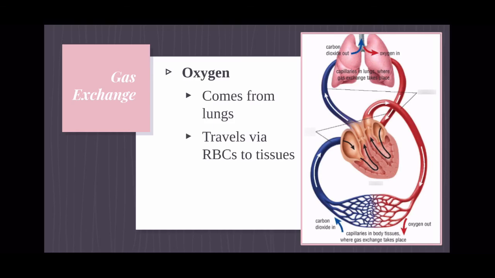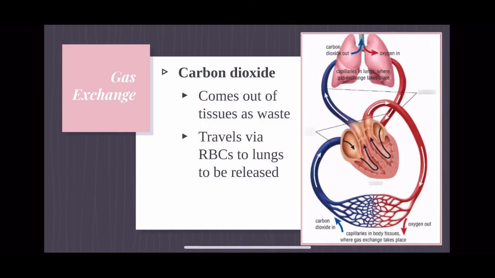And then that oxygenated blood is going to travel via the red blood cells to the tissues that need it, okay? And then obviously the tissues are going to take that oxygen and put the carbon dioxide into the red blood cells in the oxygen's place. So now carbon dioxide is entering the blood from the body's tissues as waste.